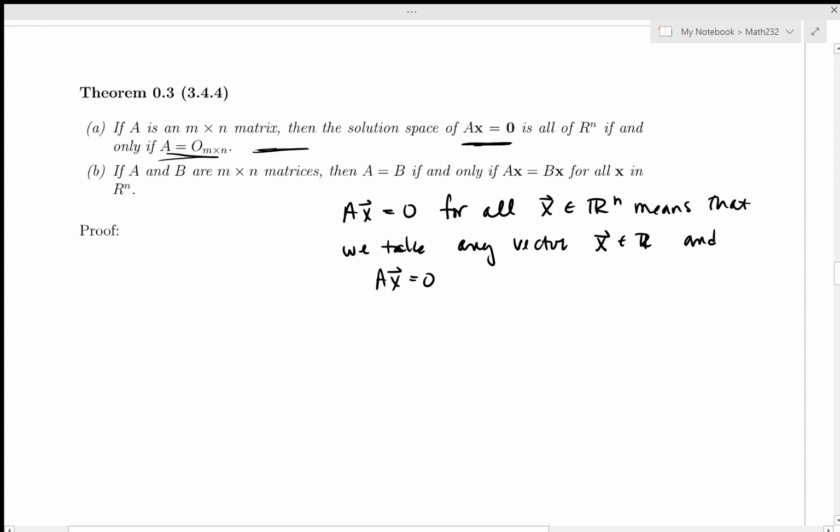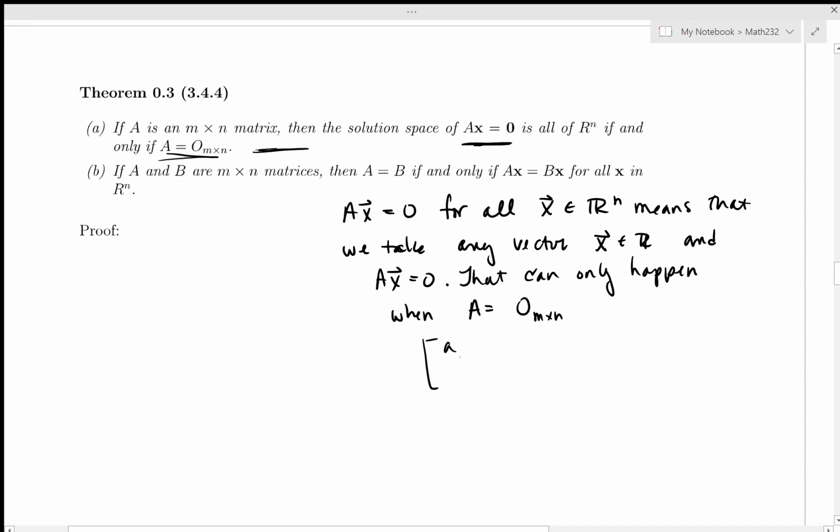This is what we're going to prove: that can only happen when A is the 0 matrix. So it would be in R2.